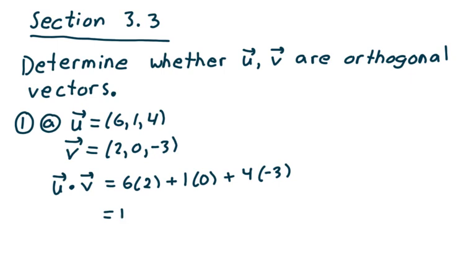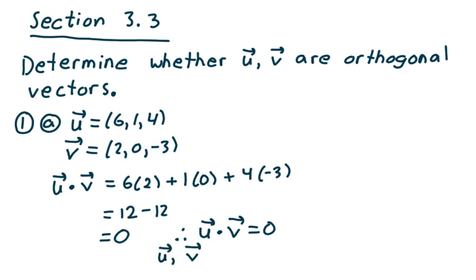And this is equal to 12 minus 12, which is equal to 0. And so notice, the dot product of u and v is 0. And what that tells me is that u and v are orthogonal. So u and v are, in fact, orthogonal vectors.